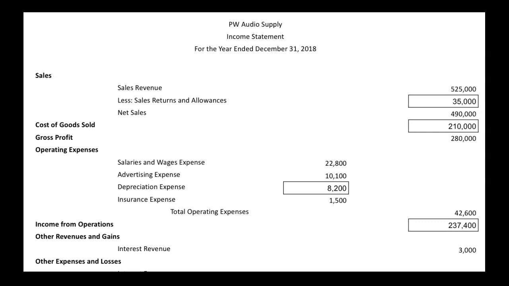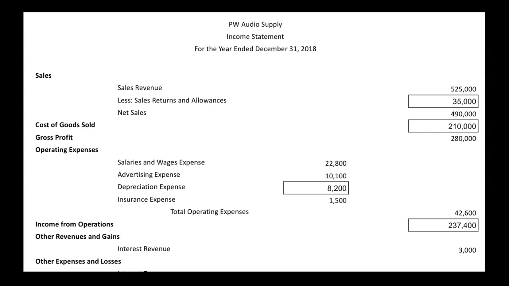So we can then take our income from operations, our 237,400, and add in our other revenues and gains of 3,000, and then subtract our other expenses and losses, which were 2,400.